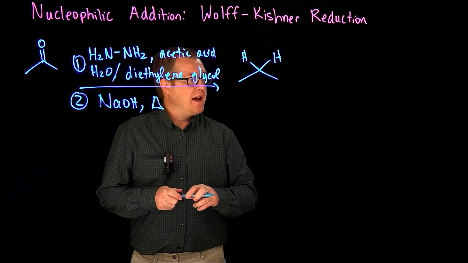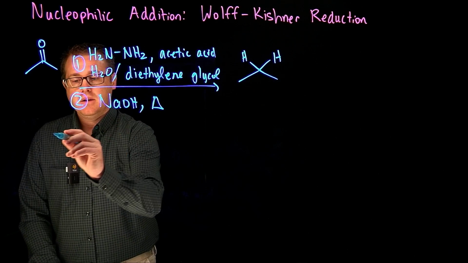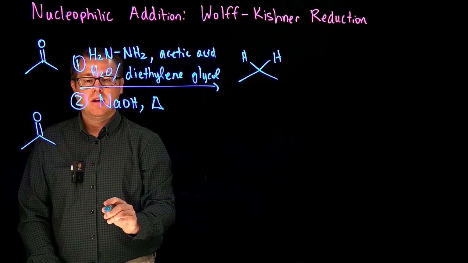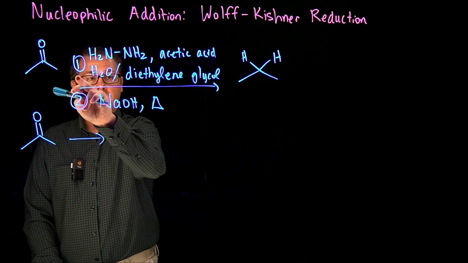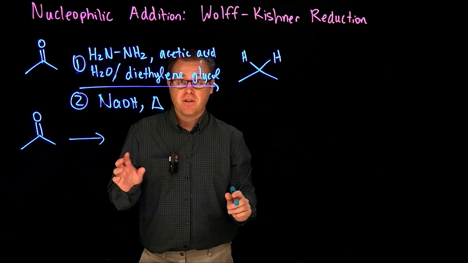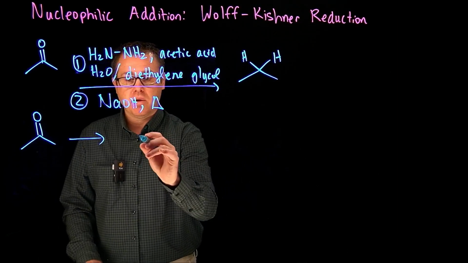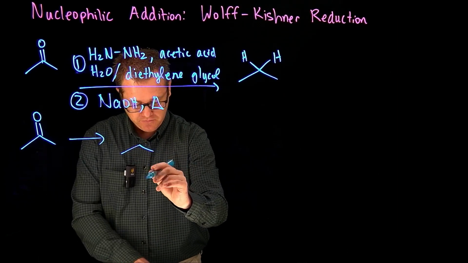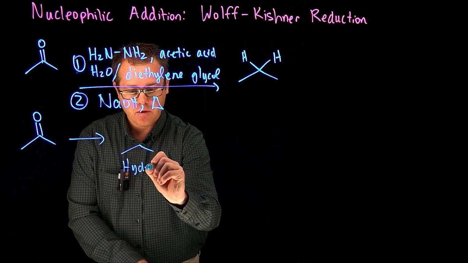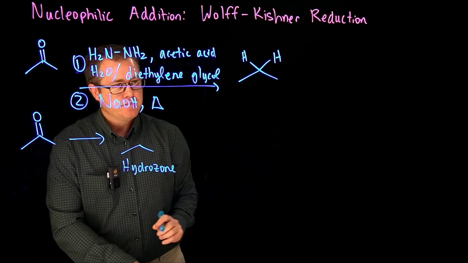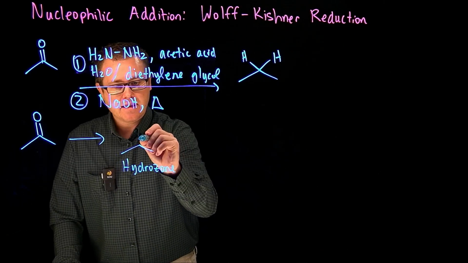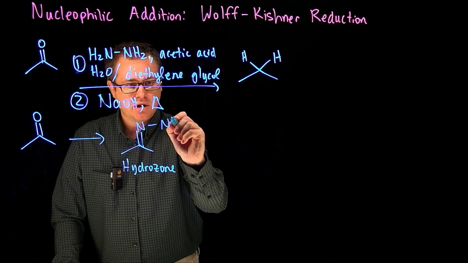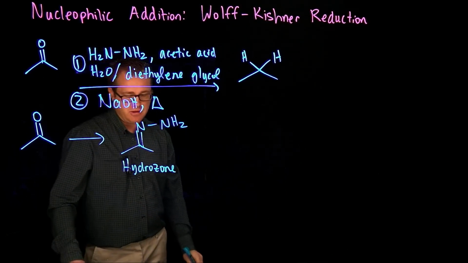So the first step that we're going to do is take our ketone here, and we are going to treat it with step 1. That first step is going to convert your aldehyde or ketone into a hydrazone. And a hydrazone has a double bonded nitrogen attached to the nitrogen there, NH2 like that.